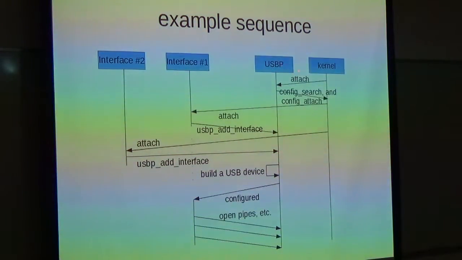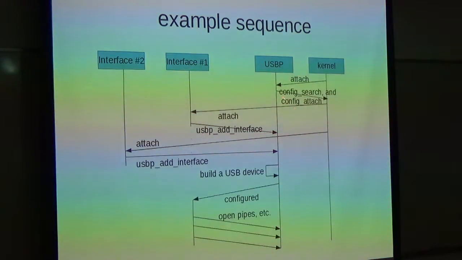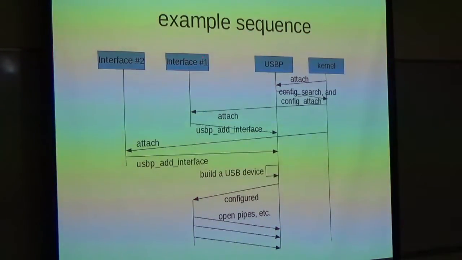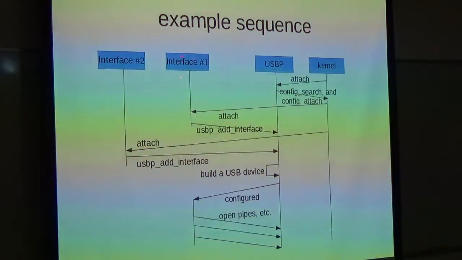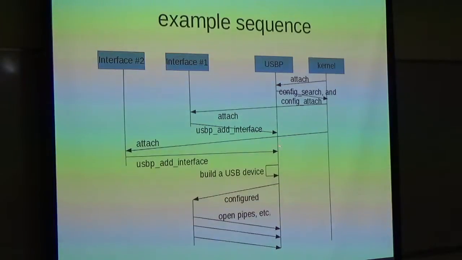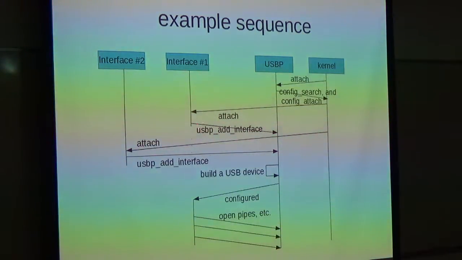The kernel attaches to usbp, and usbp searches its child drivers for interfaces. And the interface calls that API in its attach routine. Here are two interfaces, and they both call this API to add the interface to the device.